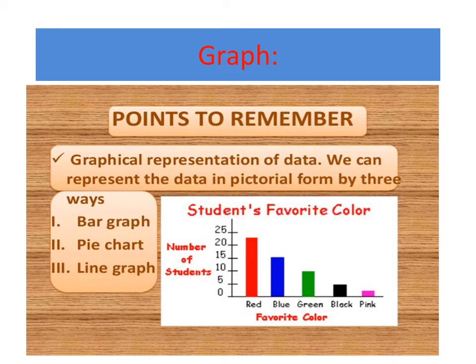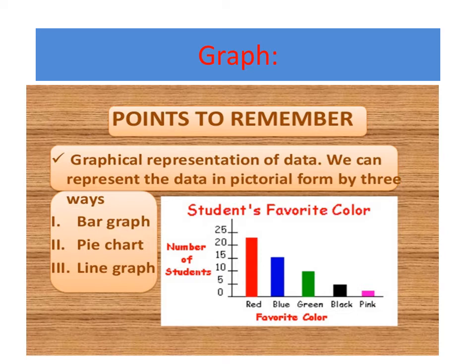So we can represent the event of the cricket in pictorial form with the help of a graph. So graphical representation of data or the pictorial representation of any event is known as a graph.